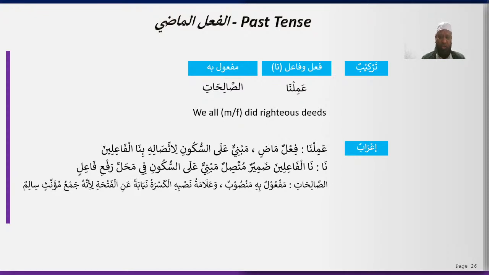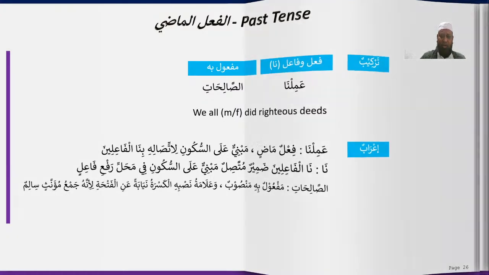These 4 sigas are mabni on the fatha. The rest of the sigas are mabni on the sukun. There's only one siga mabni on the dammah. Let's look at that.